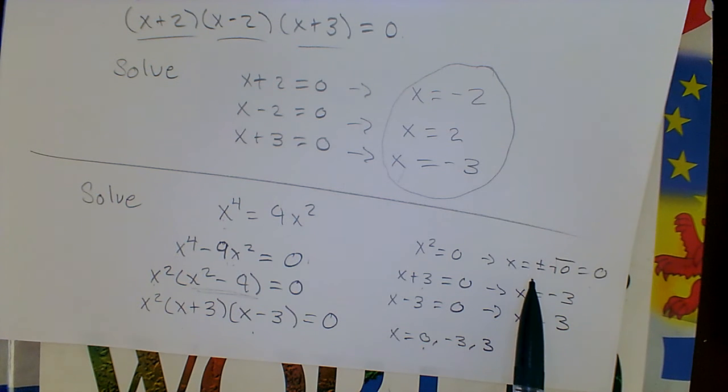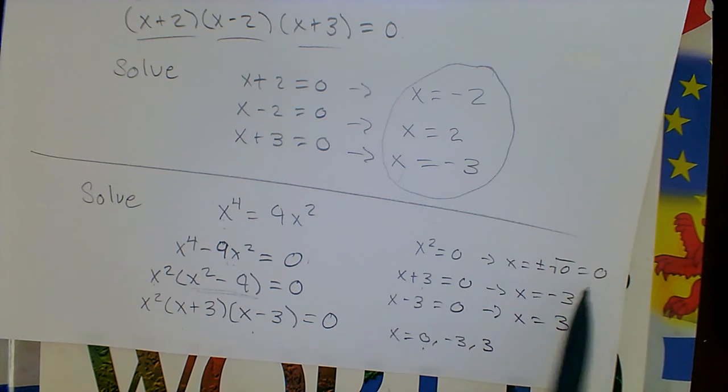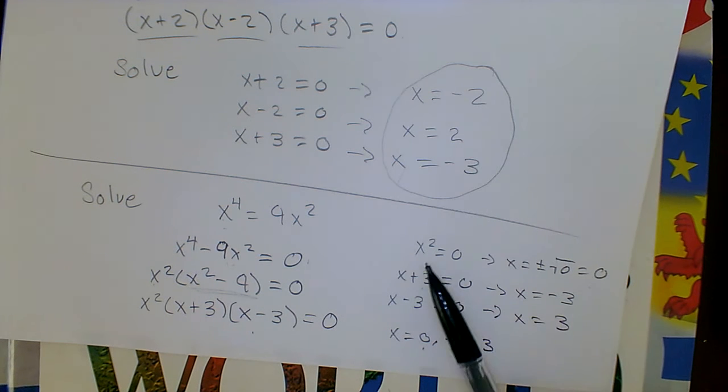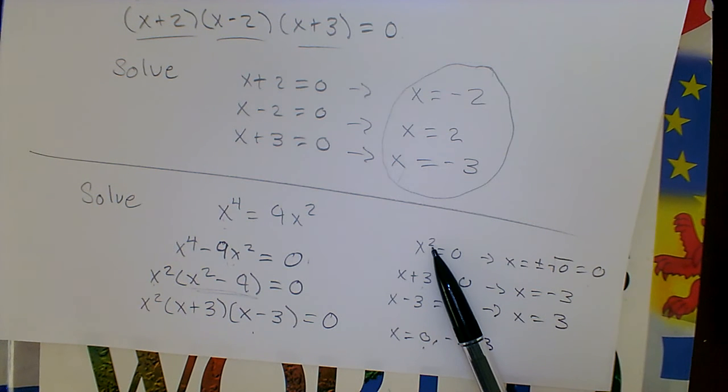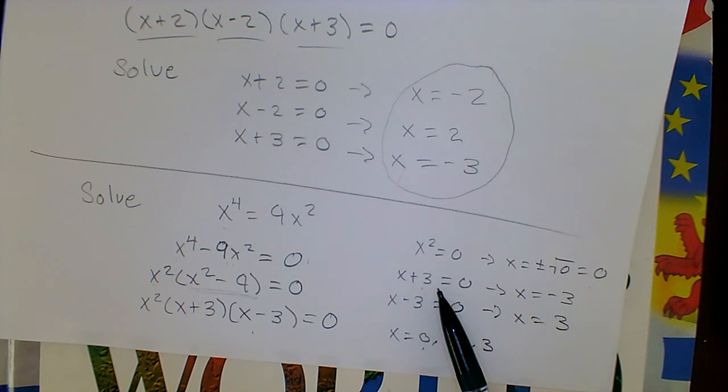What they call this is that this root has a multiplicity of 2 because it's repeated. Sometimes you might see other multiplicities, but for these two roots, x plus 3 equals 0 and x minus 3 equals 0, they have multiplicity 1 because they're not repeated.